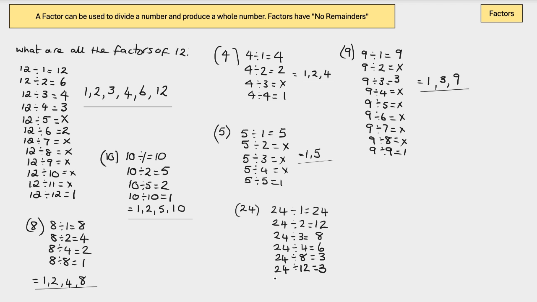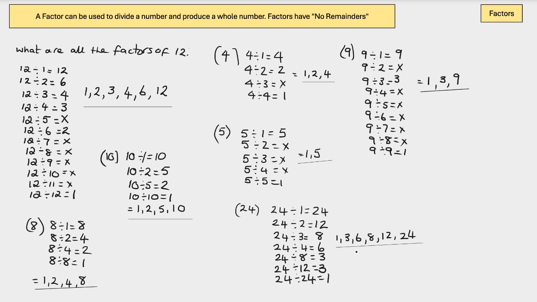And then nothing else goes into 24 exactly apart from itself. So there you have it. You have 1, 2, 3, 4, 6, 8, 12, 24. They're all your factors of 24. So there's quite a lot in there, really, isn't there? There's a lot of numbers that go into 24 exactly.